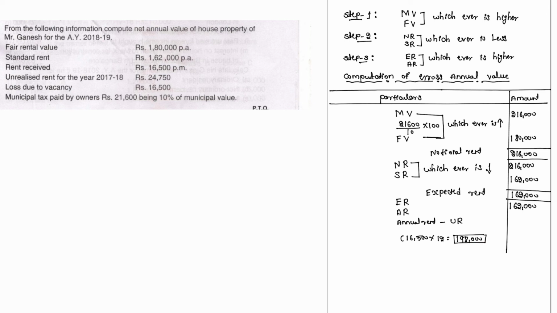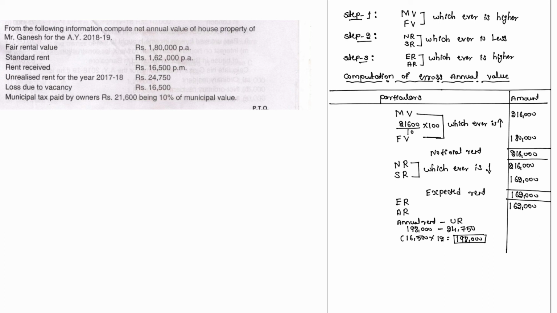So annual rent minus unrealized rent: 1,98,000 minus the unrealized rent given in the problem, 24,750.